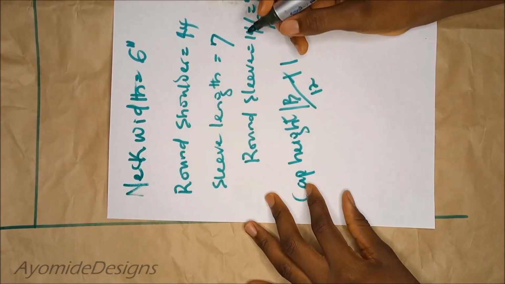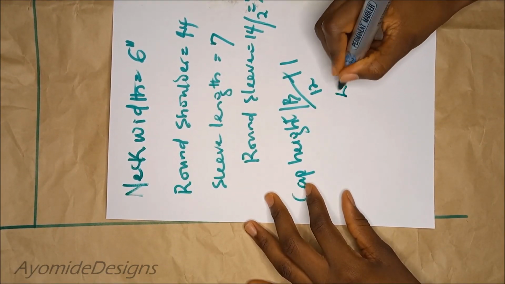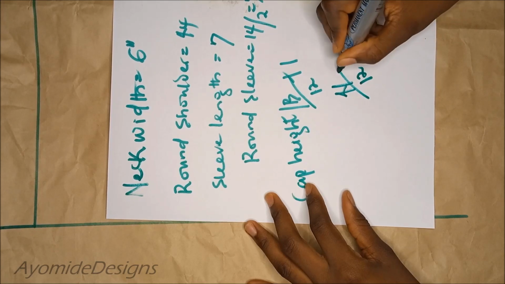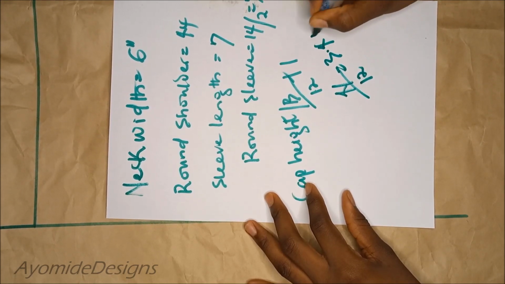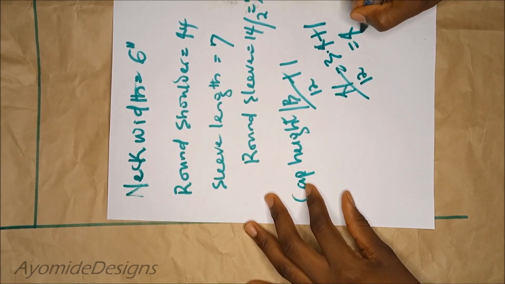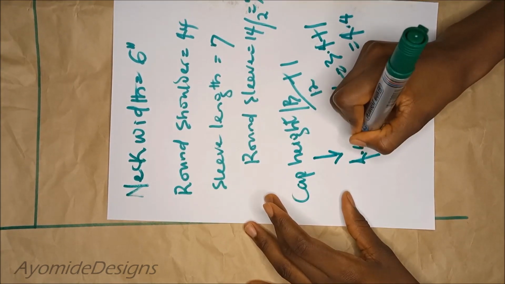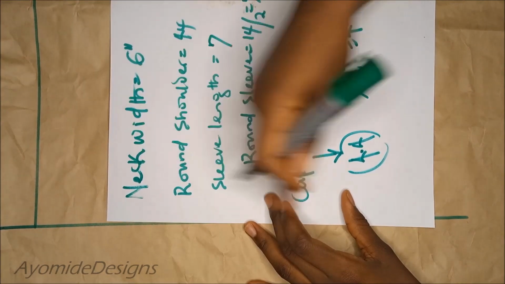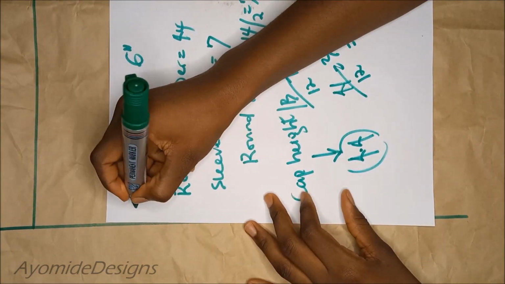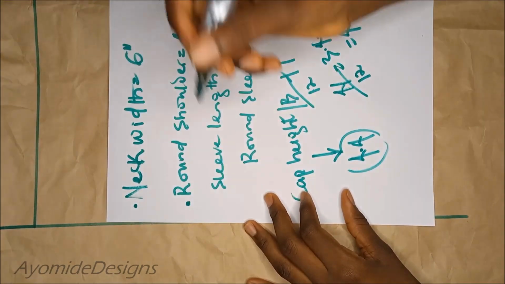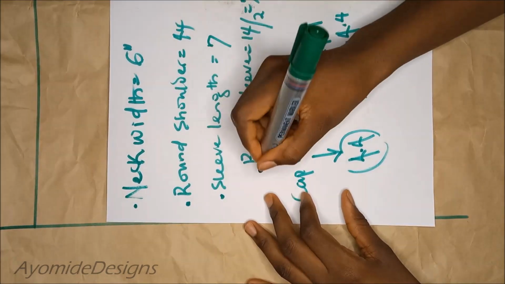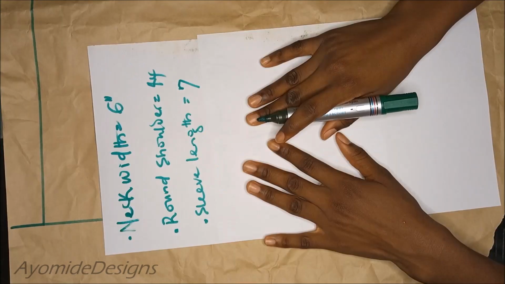So the bust measurement I'm working with is 41, divided by 12 is 3.4, plus 1 is going to be 4.4. So my cap height is 4.4. Now these are all the measurements required: the neck width, the round shoulder, the sleeve length, and the round sleeve.